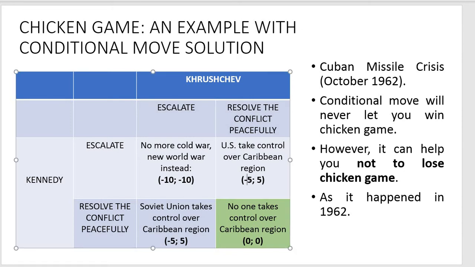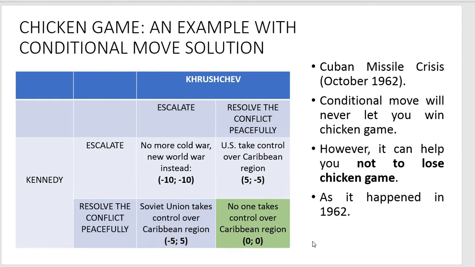Okay, sorry, actually, it was a typo. Here we are. So escalate the conflict and take control over Cuba. Then the United States gets 5 and the Soviet Union gets -5, and vice versa. If the Soviet Union decides to escalate and the United States decides to resolve the conflict peacefully, then the Soviet Union takes control over the Caribbean region, which is associated with payoff 5, and the United States gets -5.